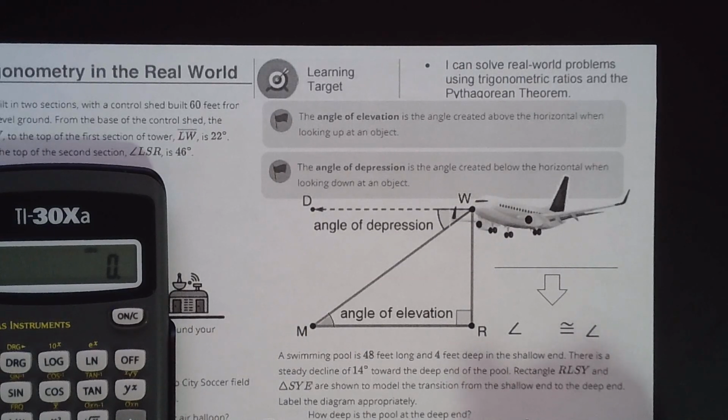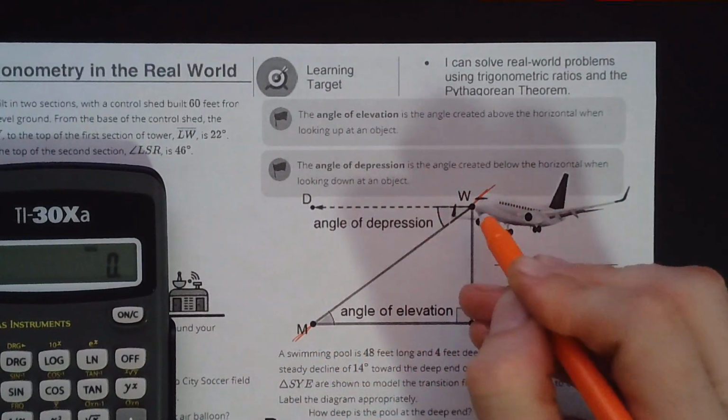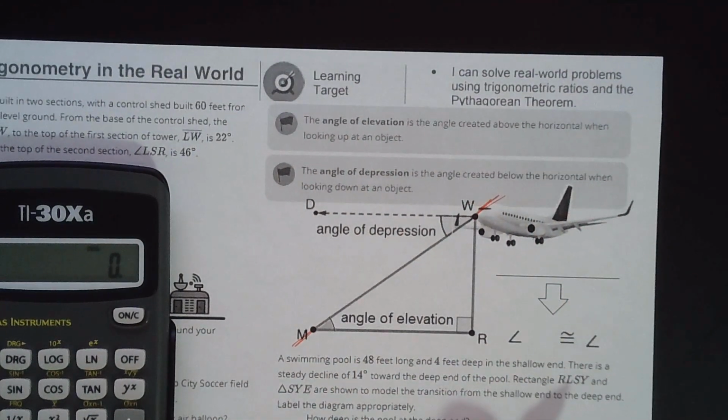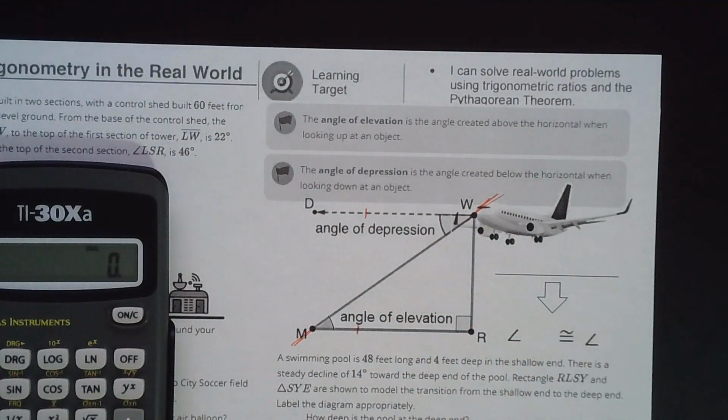I'll let you think on that for a second. Well, if you look at this line right here, and even if you were to extend this line a little bit on both ends there, what would that look like to you if these lines are parallel? Well, that would look a lot like a transversal, right?